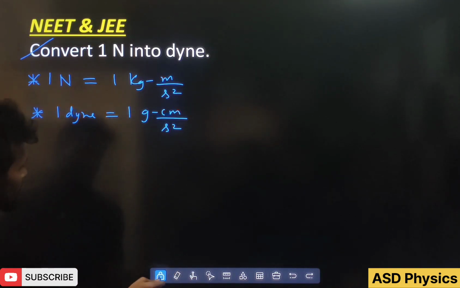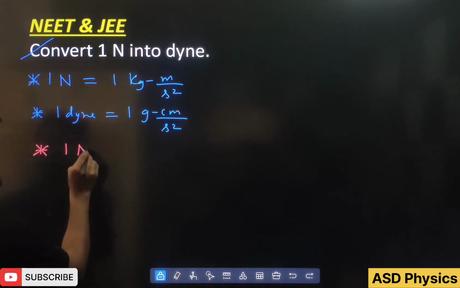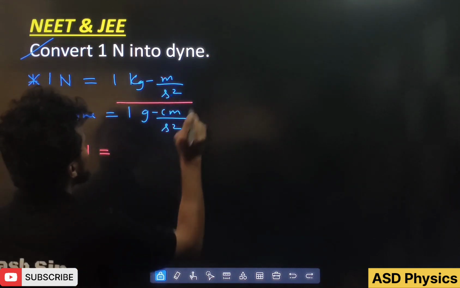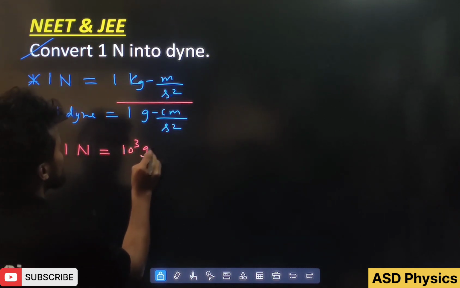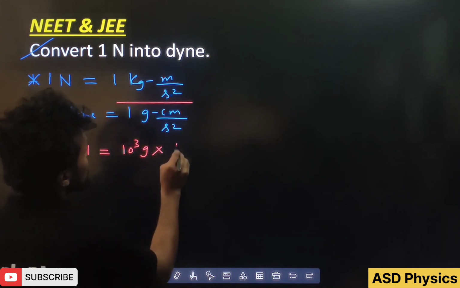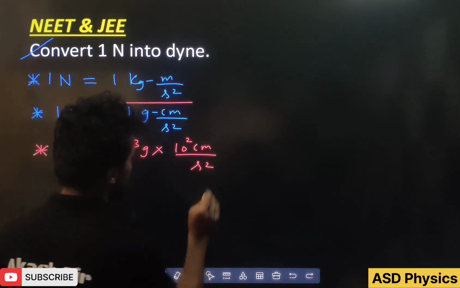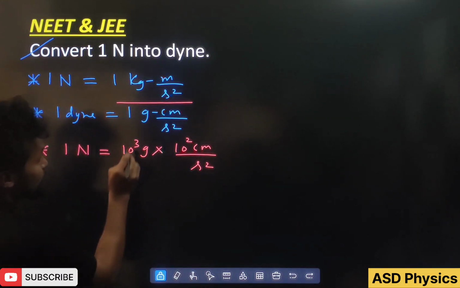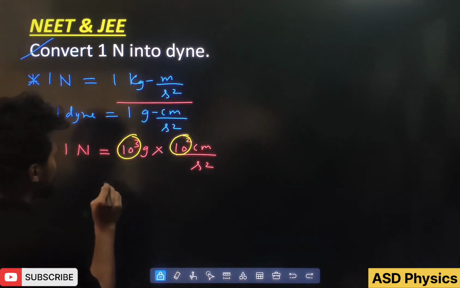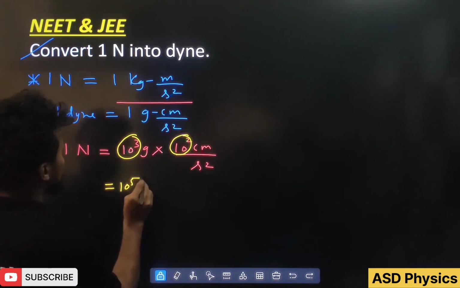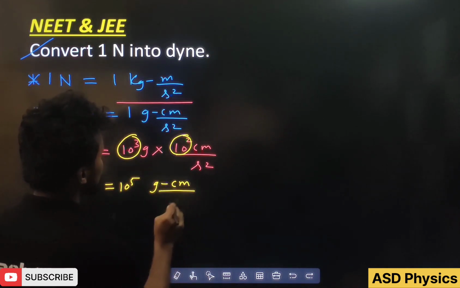Now students, if I convert here, next conversion: 1 Newton, we know, is 1 kilogram meter per second square. So we can write 10 to the power 3 gram, meter means 10 to the power 2 centimeter, and by second square. Now students, this 10 to the power 3 and 10 to the power 2 we will take together, so it will become 10 to the power 5, and the units all together become gram centimeter per second square.